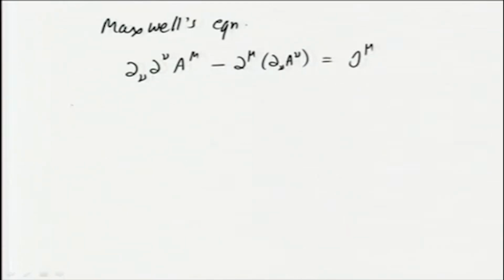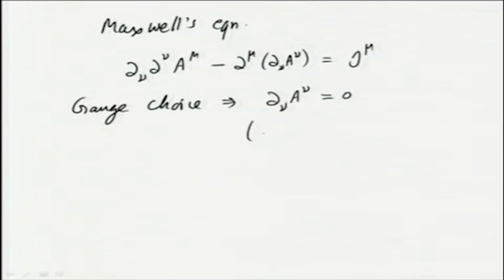So, if we have the condition that the gauge choice is such that dou mu A mu is equal to 0, as we discussed in the earlier case, this condition is called the Lorentz gauge condition.